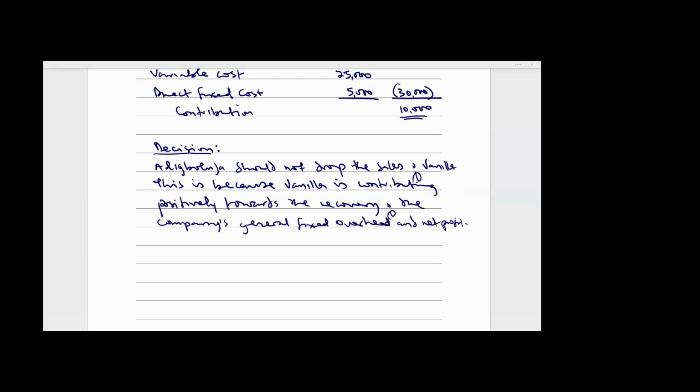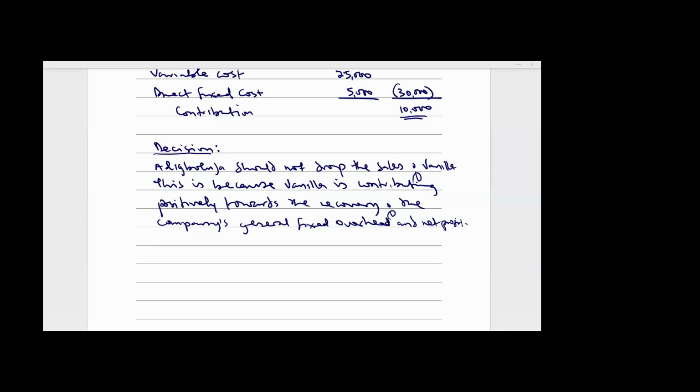Number B part of the question, you are asked, suppose, however, it is possible to use the resources realized by stopping production of vanilla and switch to producing a new ice cream, banana, which will sell for 50,000 naira and incur variable cost of 30,000 naira and extra direct fixed cost of 6,000 naira.